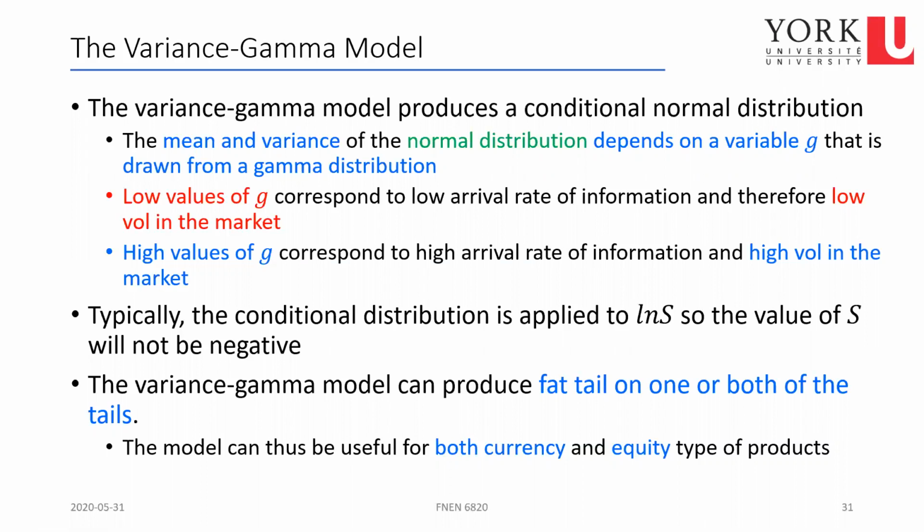The variance-gamma model can be applied to both the equity market and the currency market, because you can produce a fat tail for one side or on both sides, depending on a parameter we call theta that we will see a little later. The theta is out of the gamma distribution.